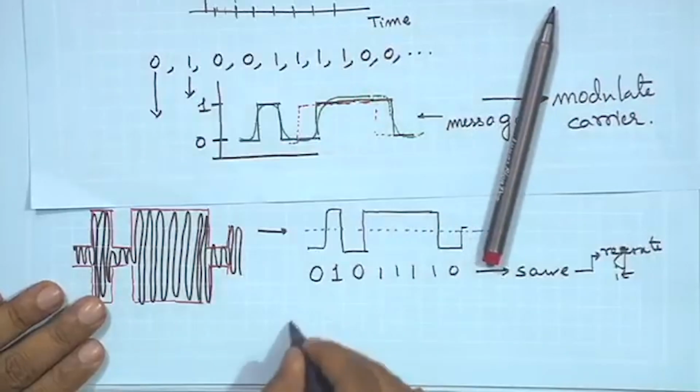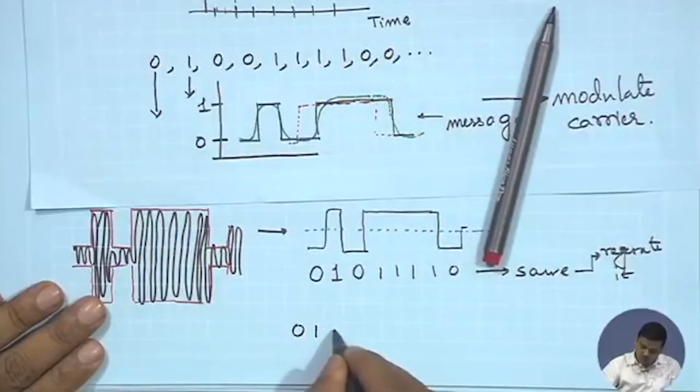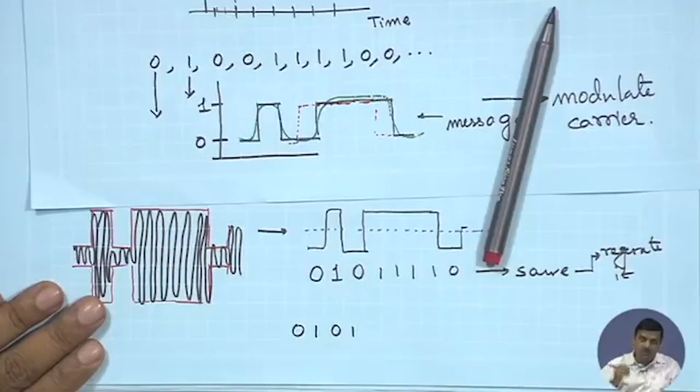For instance, we can discuss very little bit as of now. We can say that let us form groups of 2 bits, or let us form groups of 4 bits. So, when we form groups of 4 bits, we are going to add one parity along with that. So, suppose my sequence is 0, 1, 0, 1 sequence, right. Suppose I have this sequence.